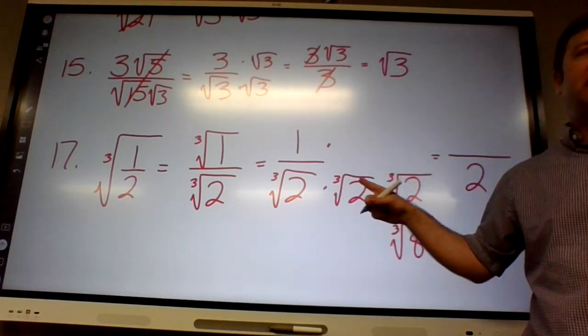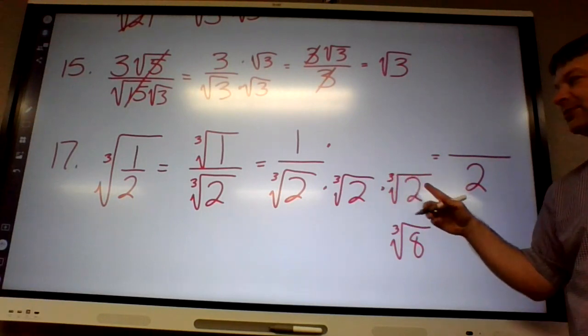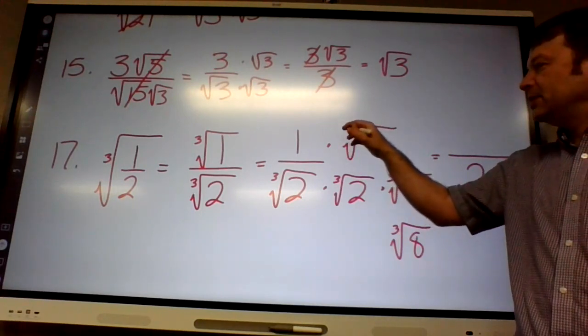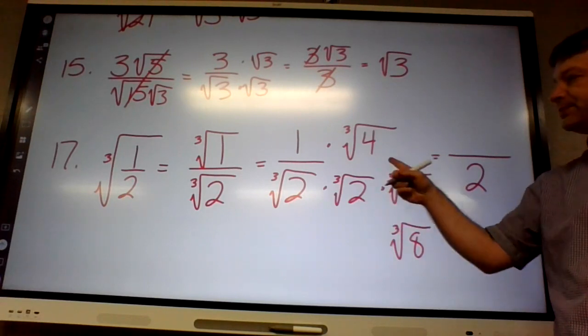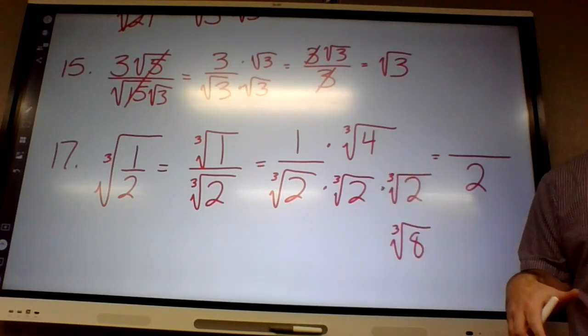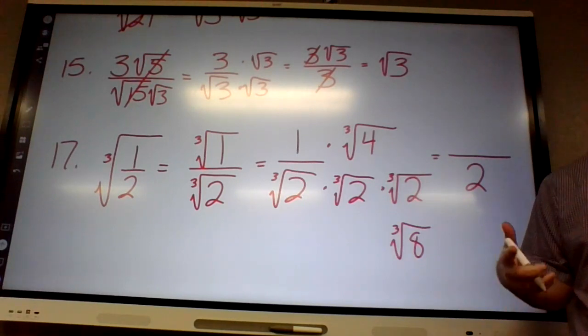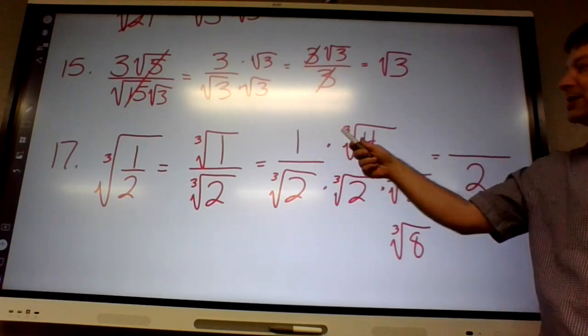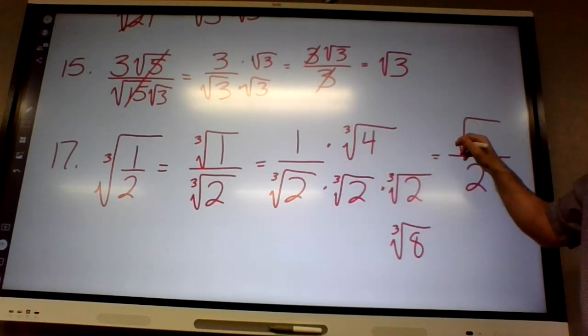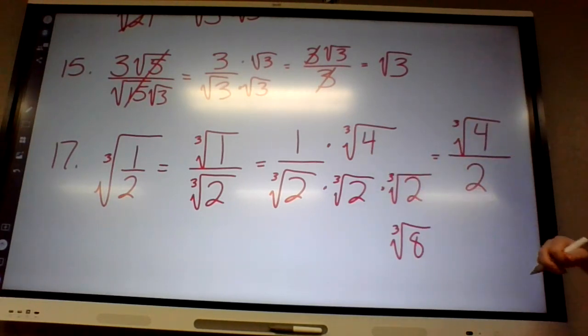Now, instead of doing times cube root of 2 times cube root of 2, I could have just put times cube root of 4. So what's 1 times cube root of 4? Cube root of 4.